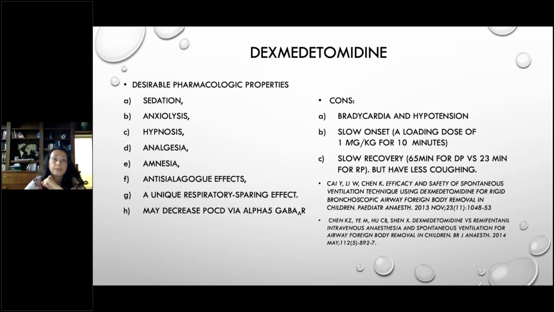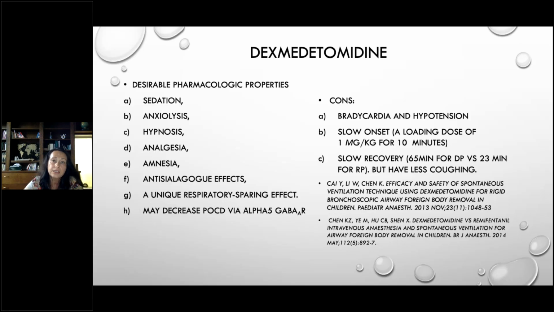The other thing is it may decrease the post-op cognitive dysfunction caused by the majority of our anesthetic agents via effects on alpha-5 GABA-A receptors, which are highly expressed in the hippocampus, olfactory bulb, and the spinal cord. They have also been implicated in the development of post-op cognitive dysfunction.